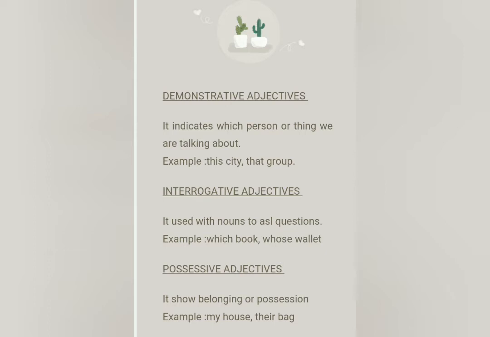Example, which book, whose wallet? Possessive adjectives show belonging or possession. Example, my house, their bag. By my and their, we quickly get the idea of whom it belongs to.